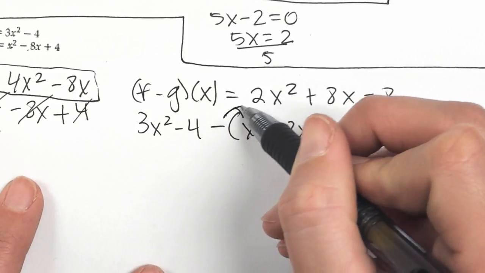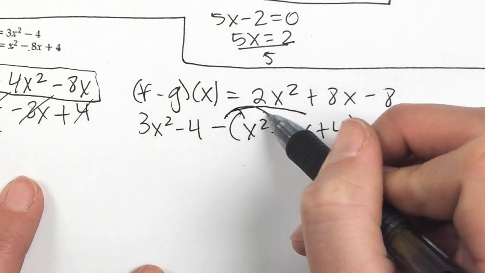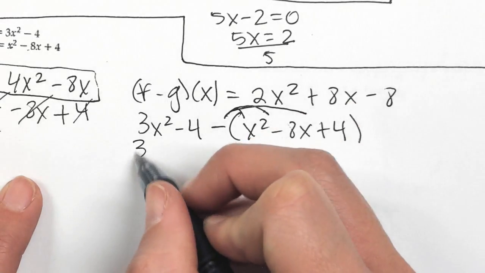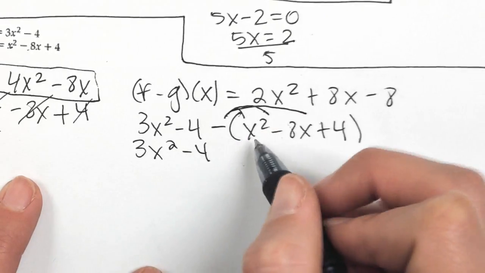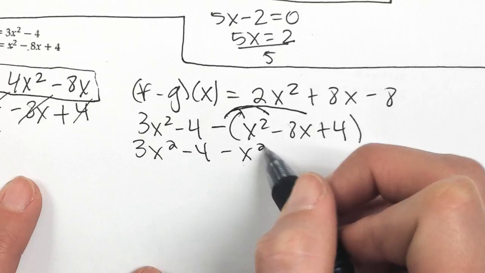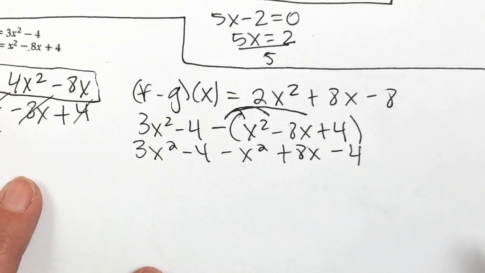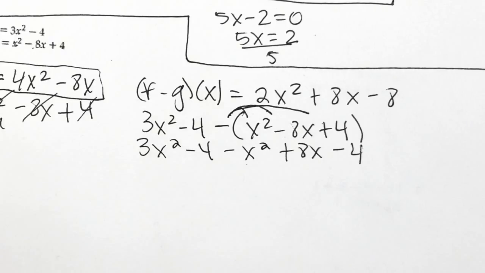Distribute this negative. And what does the negative do to all of these? Just changes the signs. Does it change these? We just bring them down. Good. Is everybody okay with that part? So remember when you subtract them, it changes all the signs of the second function.